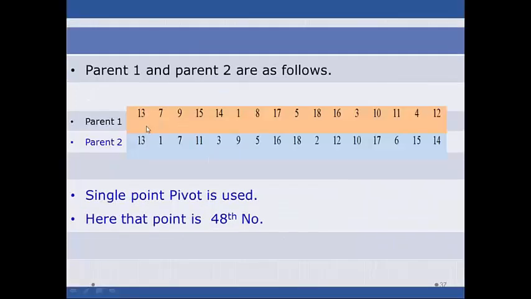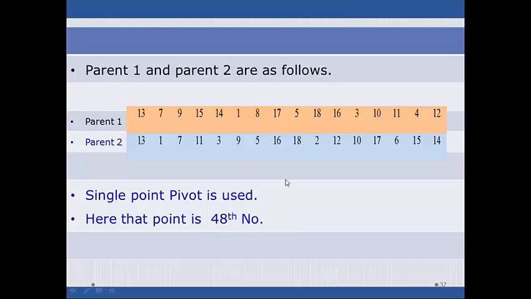I will give the example like this. See, this is the particular string or chromosome, parent 1 and parent 2. Now we wanted to cross over it. Crossover means from which point it is to be crossed over, maybe from this point or this point. So we have to have some number. I generated one number randomly, that is 48. That 48 was in the 1 to 90 length of the chromosome.